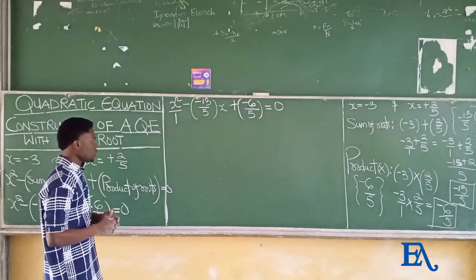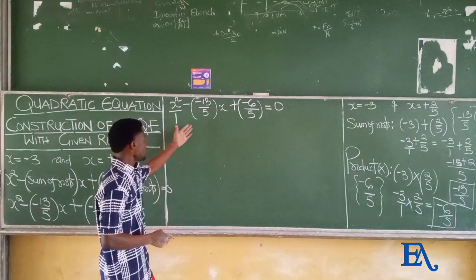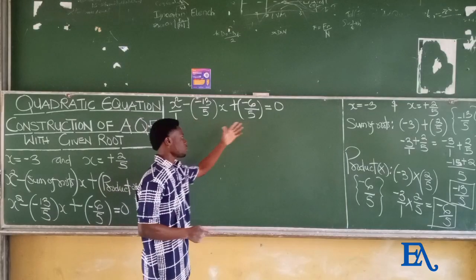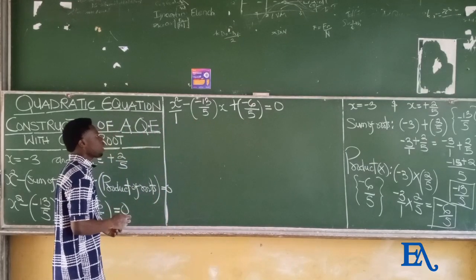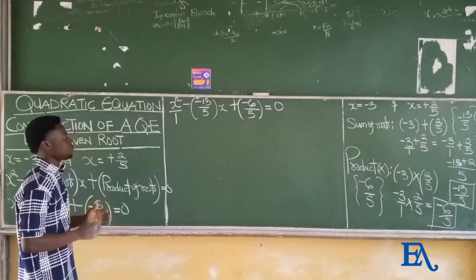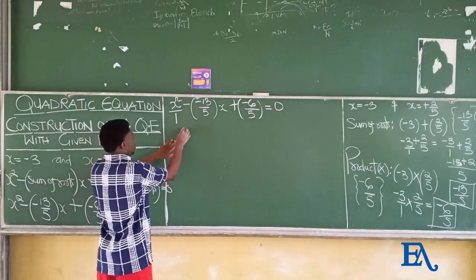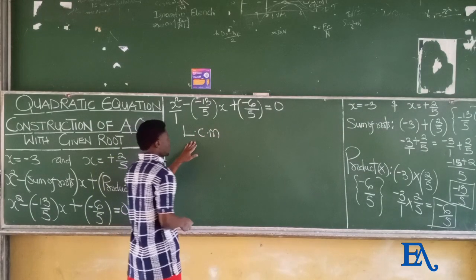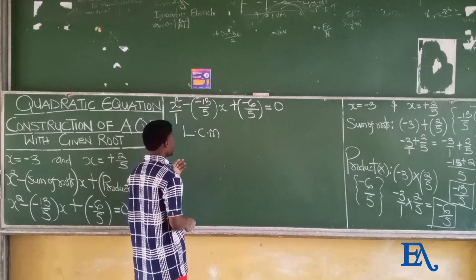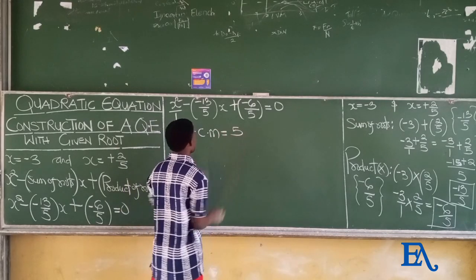The next step is to find the LCM of the denominators. The denominators on the board are 1, 5, and 5, so the LCM of 1, 5, and 5 is 5. Multiply each of the respective terms by the LCM. Take note, the least common multiple is equal to 5.